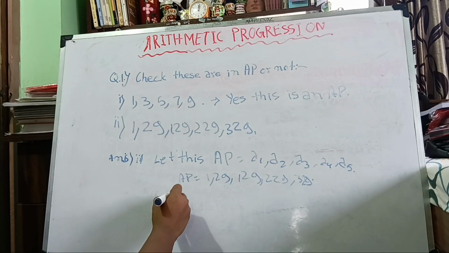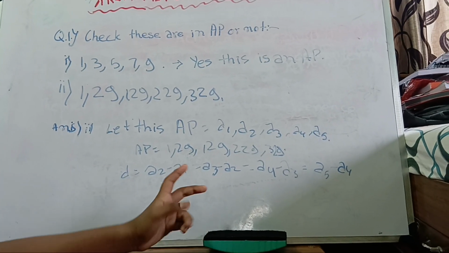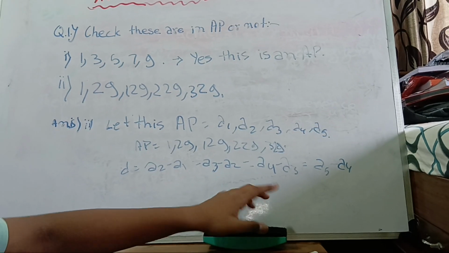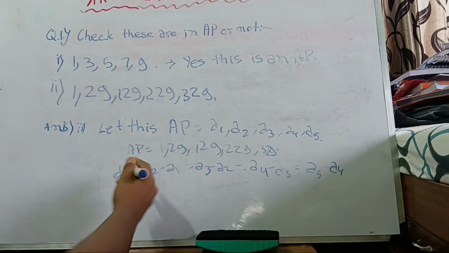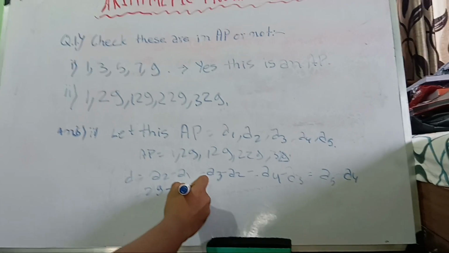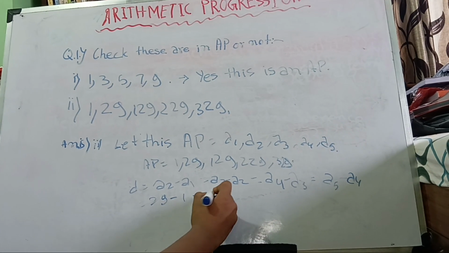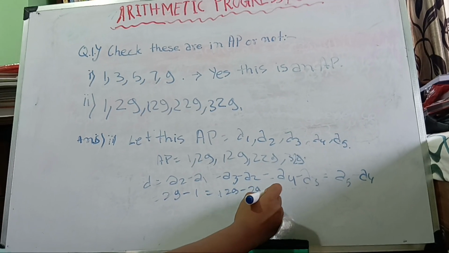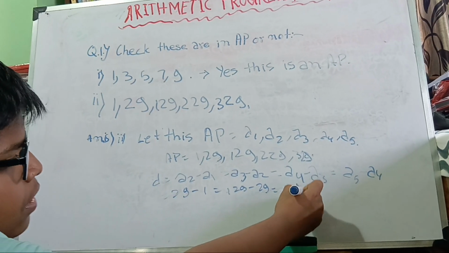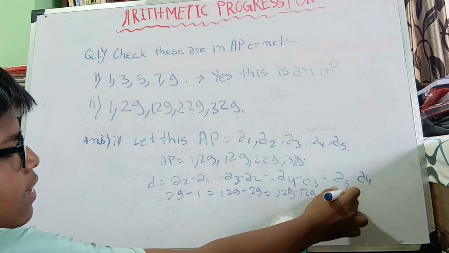So the common difference is d. a2 minus a1 is equal to a3 minus a2 is equal to a4 minus a3 is equal to a5 minus a4. So we will put the values according to this: 29 minus 1, 129 minus 29, 229 minus 129, 329 minus 229.